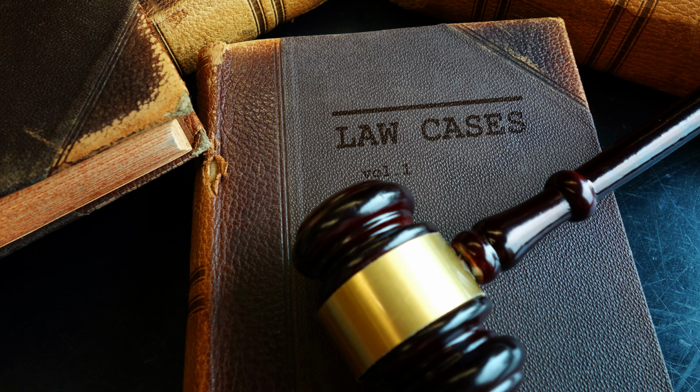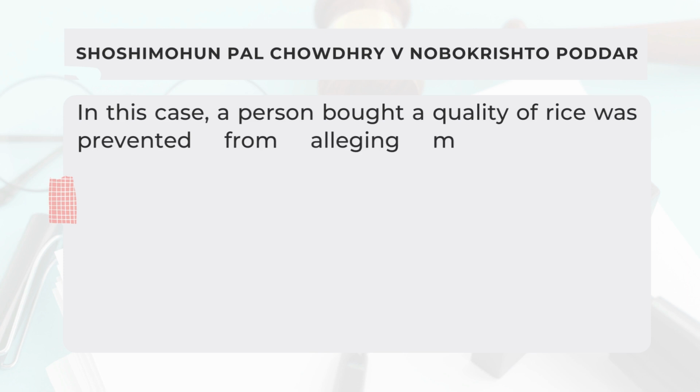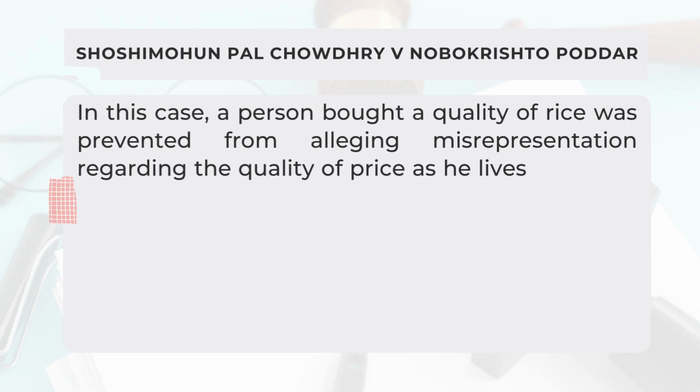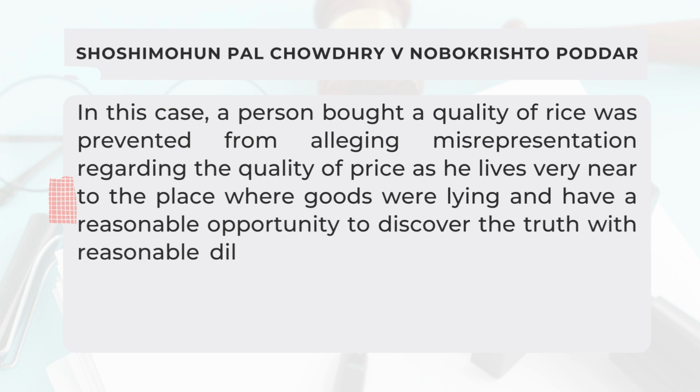Let us look at certain cases. One case is Shashi Mohan Paul Chaudhary versus Nobo Christo Powder. In this case, a person bought a quantity of rice and was prevented from alleging misrepresentation regarding the quality of rice as he lives very near to the place where the goods were lying and had a reasonable opportunity to discover the truth with reasonable diligence.